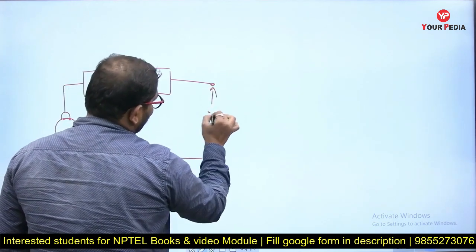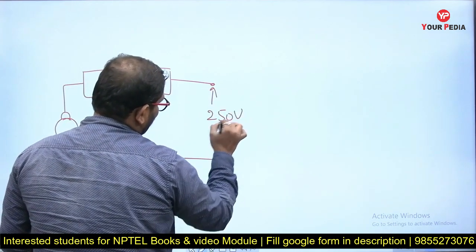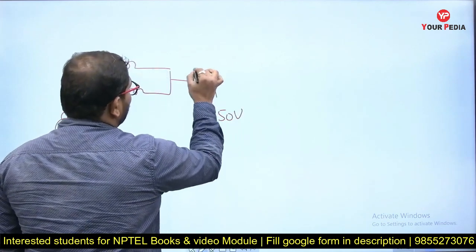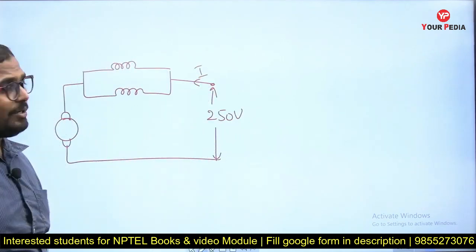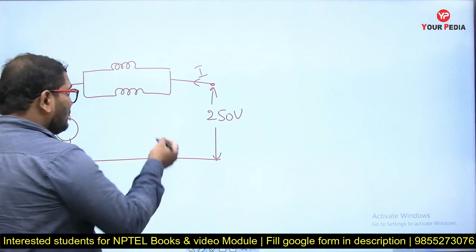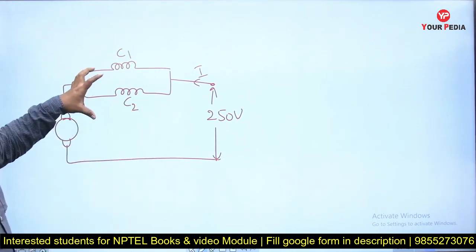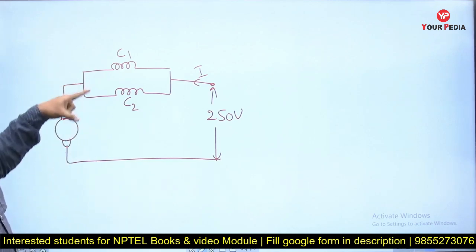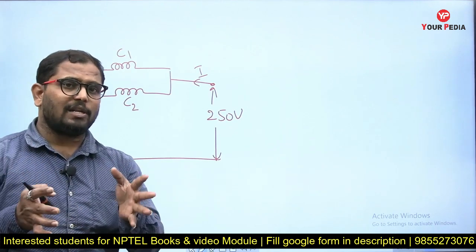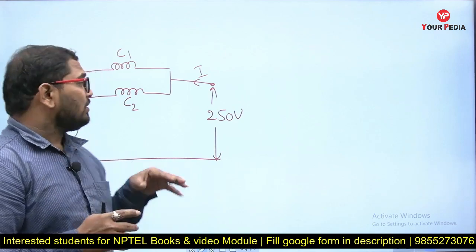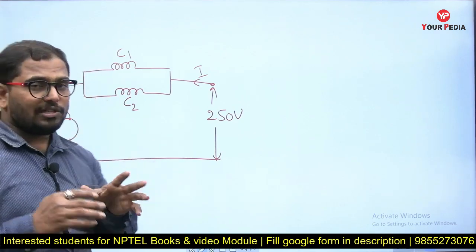The supply is the same, so there won't be any change in the supply. Let us assume we don't know the current, so assume it as a current I. This is coil 1, this is coil 2. What are the resistances of the coils? Each coil is manufactured with the same kind of material and same number of turns, so the resistance offered by these two coils will be the same.